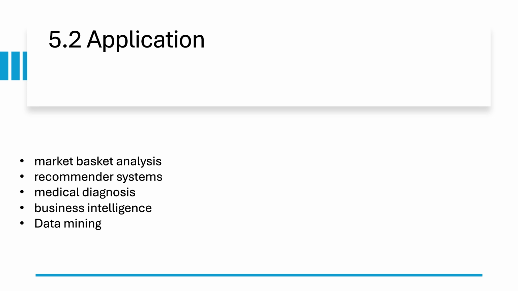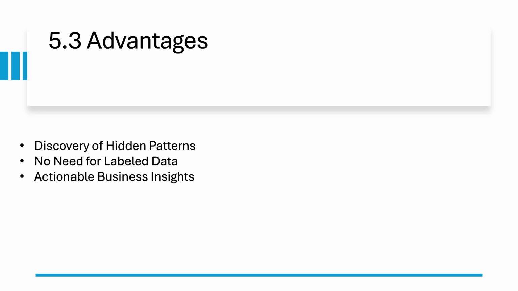We can apply these algorithms in the following use cases. That's for basket analysis or recommender systems, medical diagnosis, business intelligence, and also in data mining. There are advantages that come with these algorithms. They can discover hidden patterns. There's no need for labeled data, and they can produce actionable business insights.